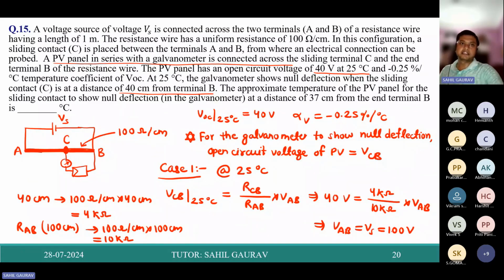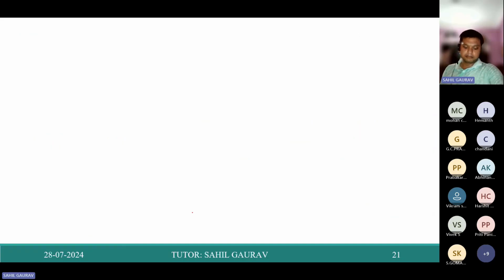Now you have to find the temperature at which the galvanometer will show no deflection for the PV panel. So how will we use this data from case 1?